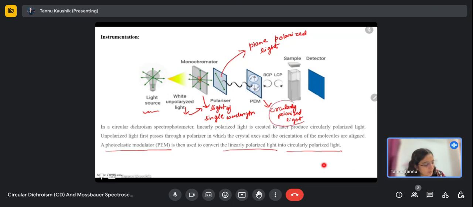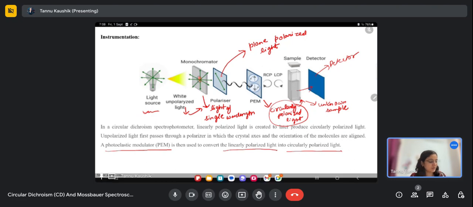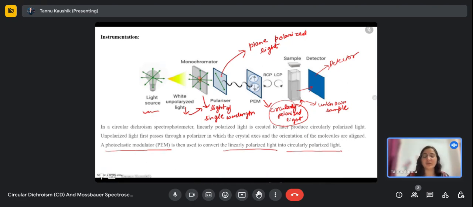This circularly polarized light is passed through the unknown sample. So if this sample is chiral, we will get certain peaks in the CD spectra, which will be identified by the detector. So this is the general instrumentation for a circular dichroism instrument.